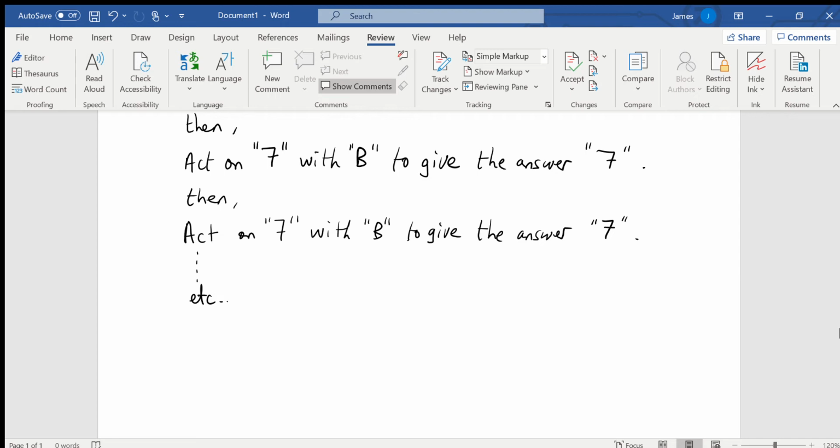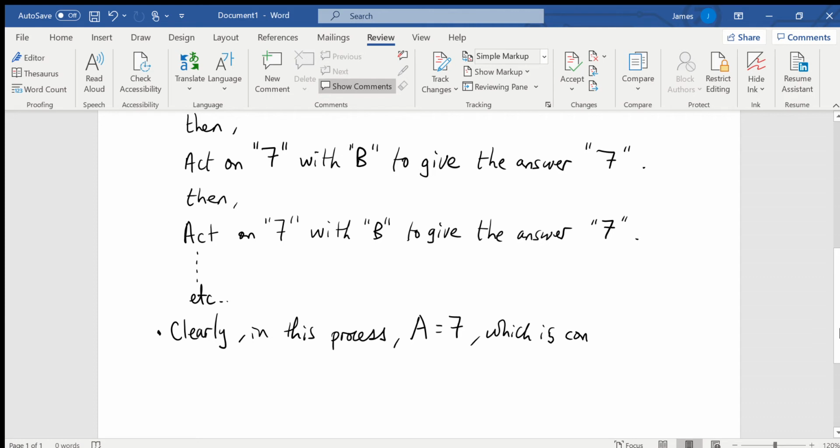So what can we conclude about this process? Clearly, in this process, A equals 7, which is a conserved value. Conserved here just means doesn't change.